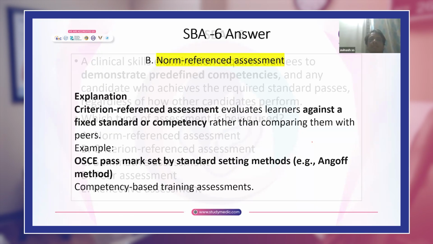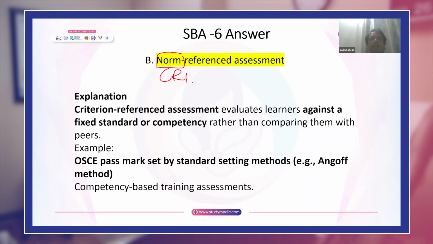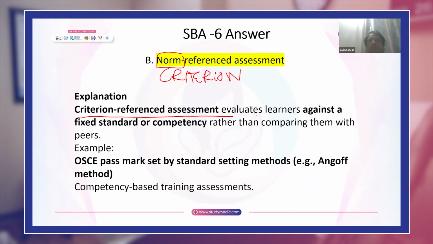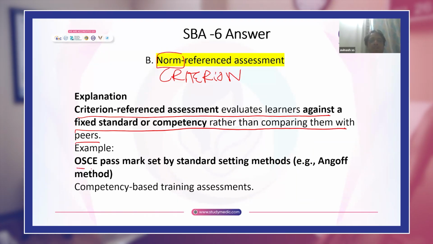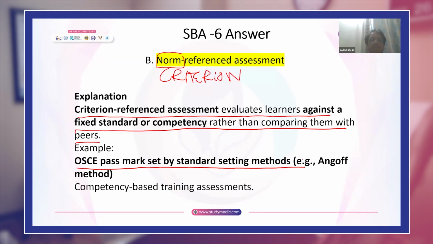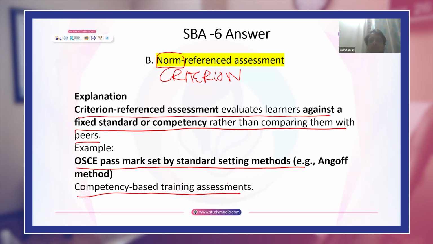This type is not norm referenced, and this type is called criteria referenced assessment. Here a fixed standard of competency is the benchmark against which assessment is done. For example, in objectively structured clinical examinations, a pass mark is set by a standard setting method. Other competency based training assessments are also examples of criteria referenced assessment.